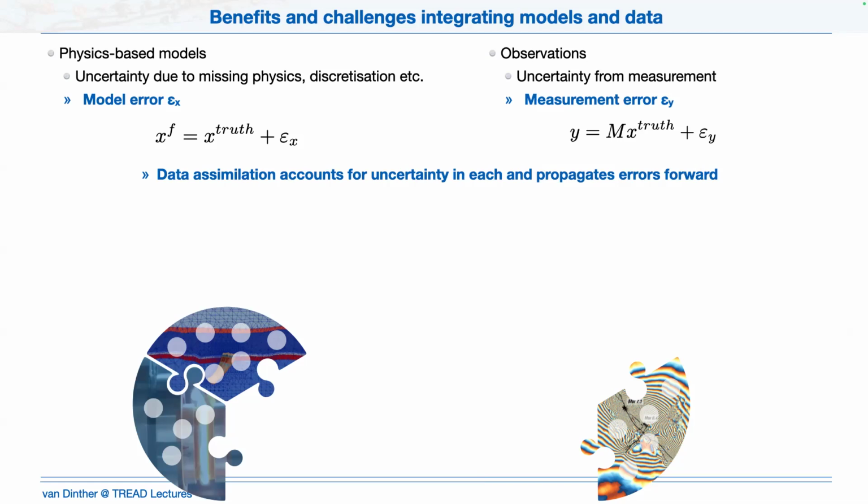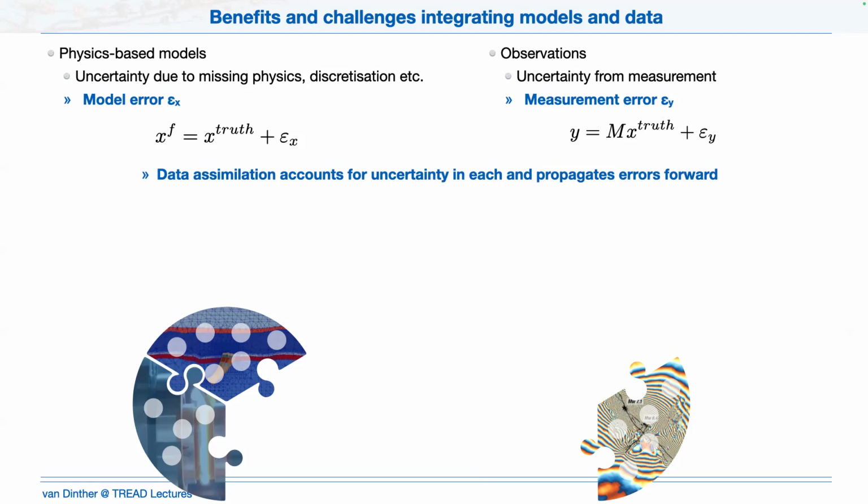And then you also have parameters. Parameters don't change throughout your period of interest, so they are fixed. But this X is just a long vector of velocities, stresses, strain, whatever you want it to be, temperatures or pressures in the atmosphere.